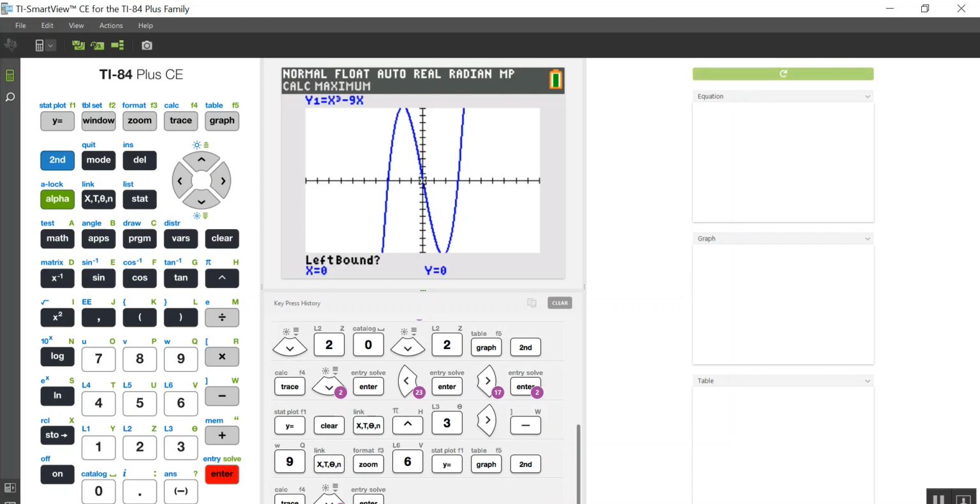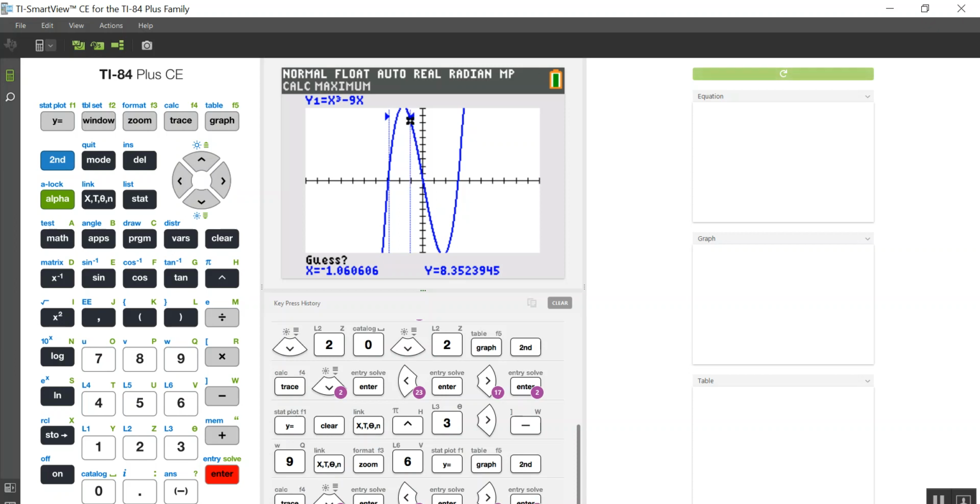And this is going to do my left bound and right bound thing again. So I have to move my cursor over to the left of my maximum. Okay, that's good there. Hit enter. And now I need to move it over to the right. It's a little off the screen, but it'll be coming back. There it is. And I'll hit enter, and that's my right boundary.